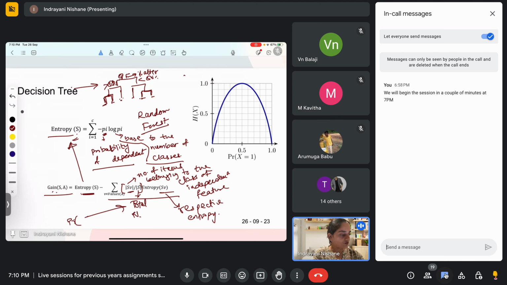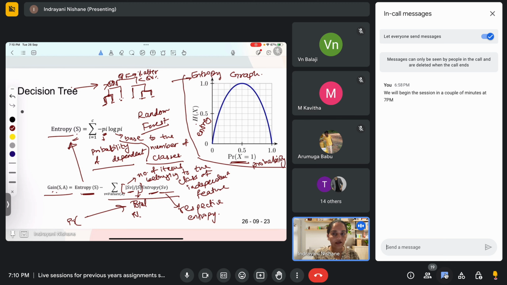In order to ease the calculations, we should remember this entropy graph. This is the probability value and H is the entropy value. This entropy gives us the nature of randomness in our data.